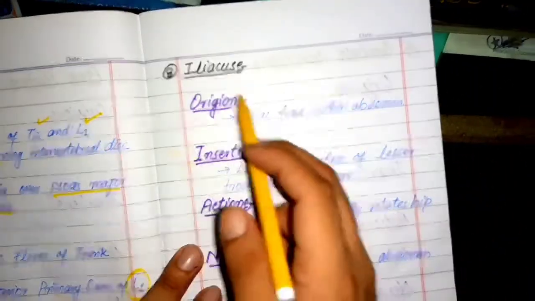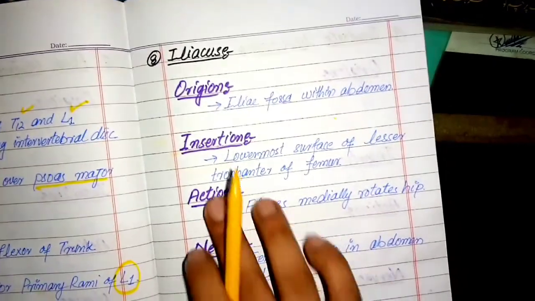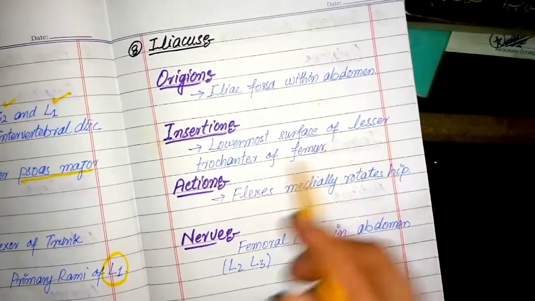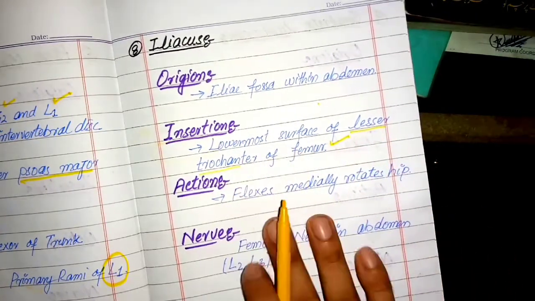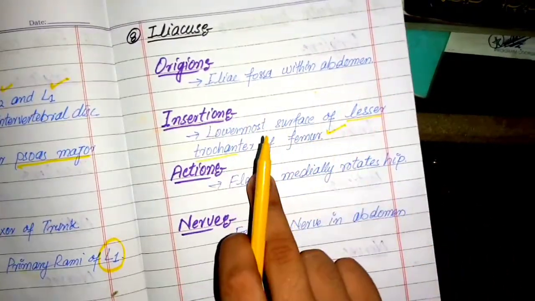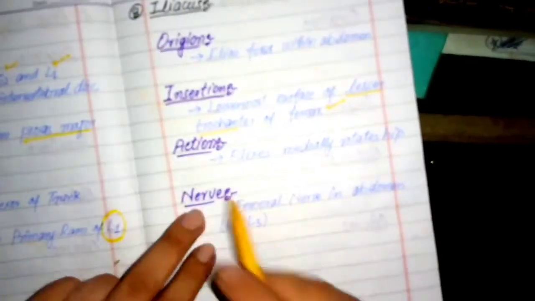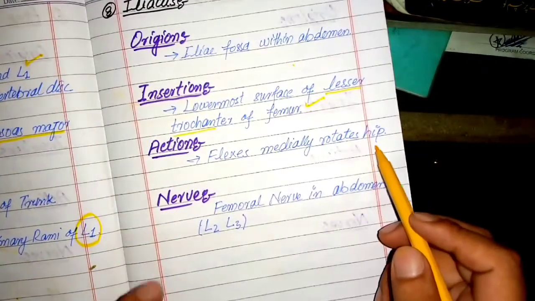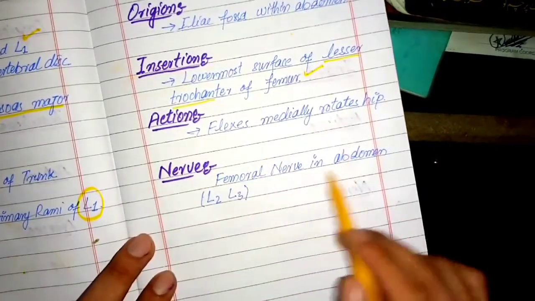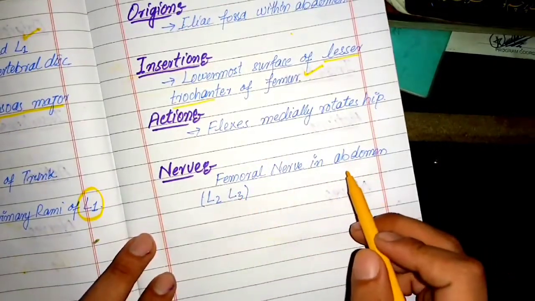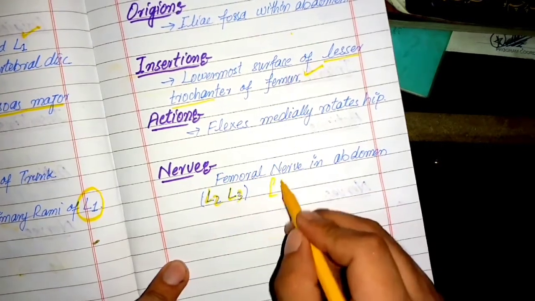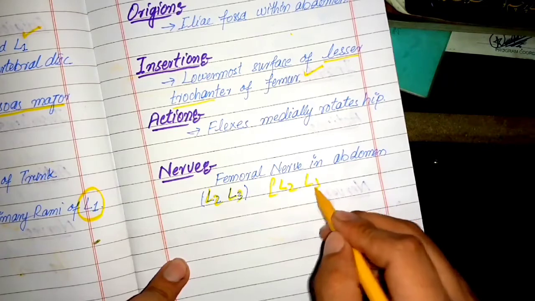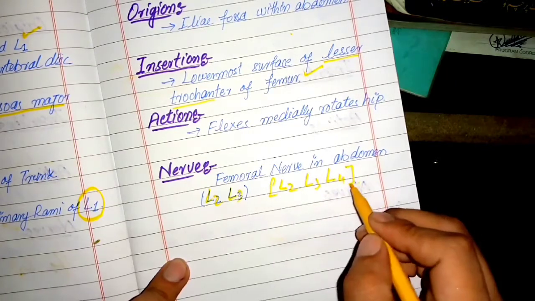That iliac fossa is the origin site for the iliacus muscle, and its insertion is the lowermost surface of the lesser trochanter of the femur. We talked about this lesser trochanter before, so it is the insertion point for the iliacus muscle as well. Its action is to flex and medially rotate the hip, and the nerve is the femoral nerve in the abdomen, and nerve root is L2, L3. In some books it is also L2, L3 and L4, right? So you can memorize both of them.